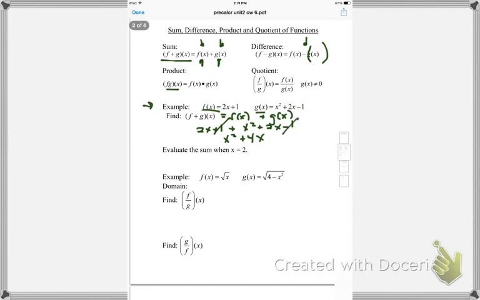This is now the rule for (f + g)(x). It's kind of like your f of g rule. We're now going to evaluate that rule when x is 2. So we're getting 2 squared plus 4 times 2, which gives us 4 plus 8, gives us 12.